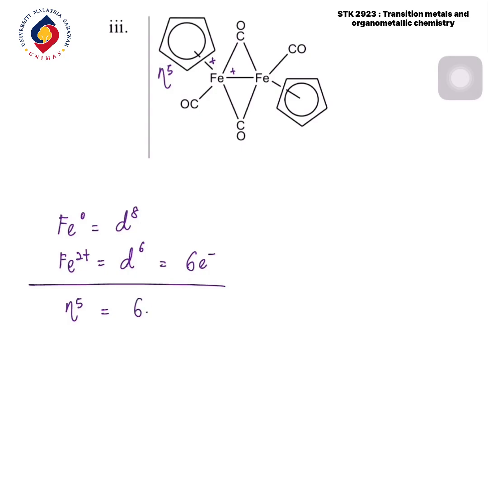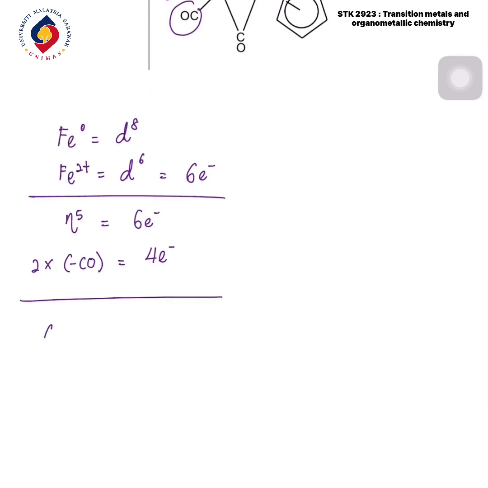Eta 5 ligand has 6 electrons. Each of these CO ligands has 2 electron counts. There are 2 CO ligands here, hence we times 2. And the total of all these electrons is 6 plus 6 plus 4, 16 electrons.